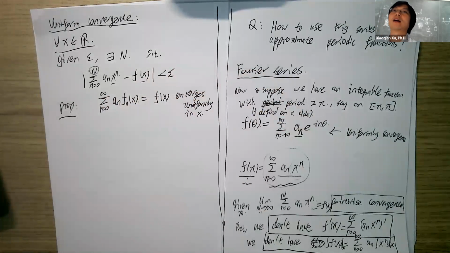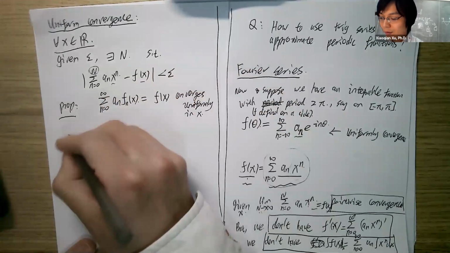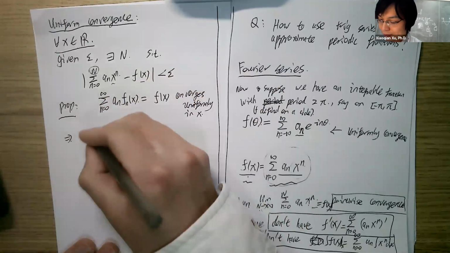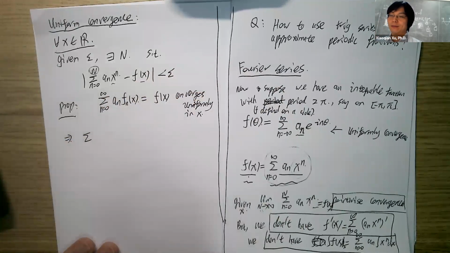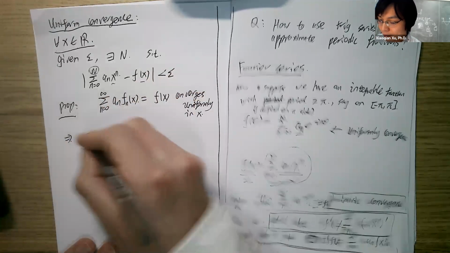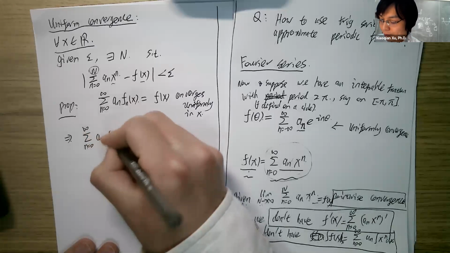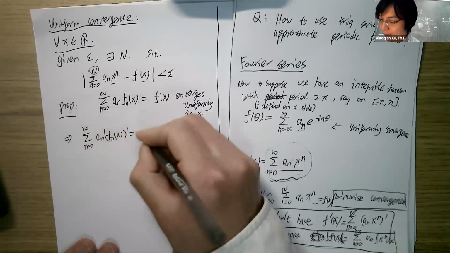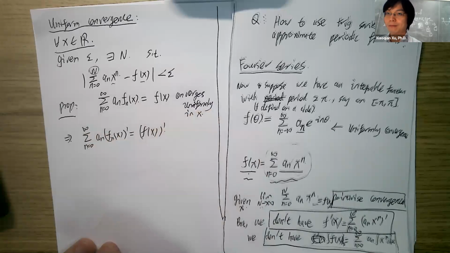If it is uniform convergence, then if you take the derivative, you can take the derivative term by term. Okay?